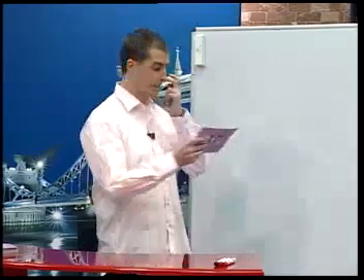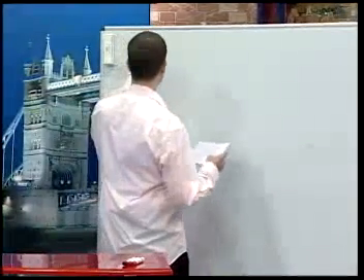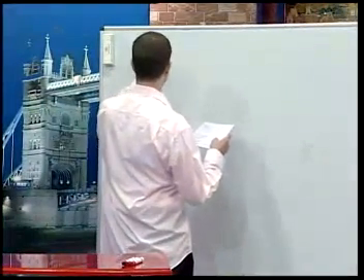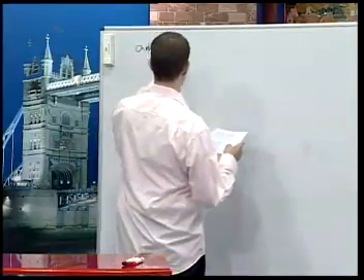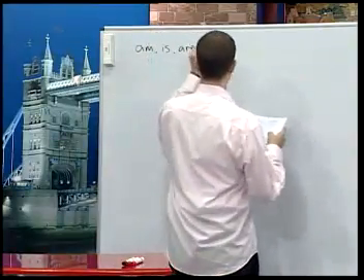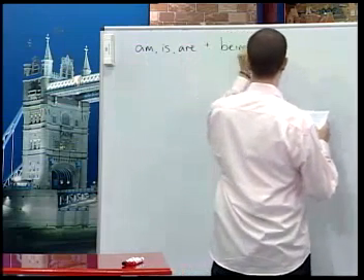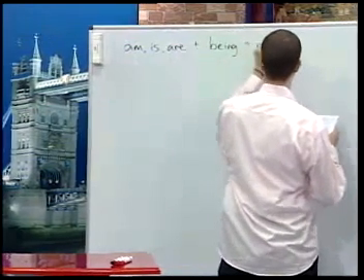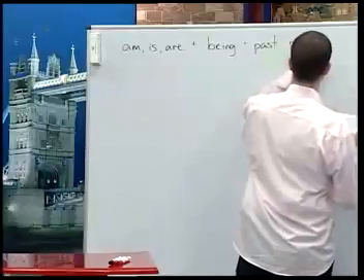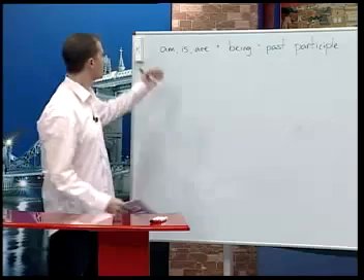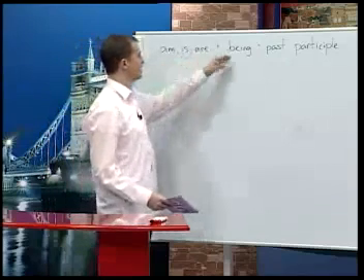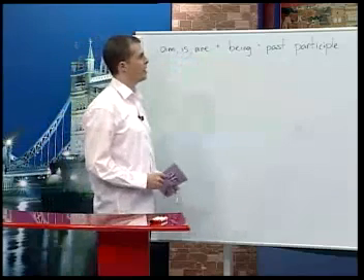To form the passive of the present continuous tense, we use am, is, or are, plus being, plus the past participle. So to form the passive voice of the present continuous tense, we use am, is, or are, plus being, and the past participle.